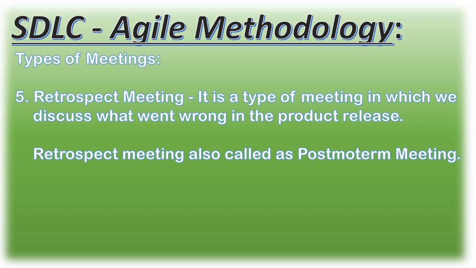At that time we have this retrospective meeting with the customer, and here we discuss what went wrong in the particular sprint. All those things we discuss with the customer. The retrospective meeting is also called a post-mortem meeting.